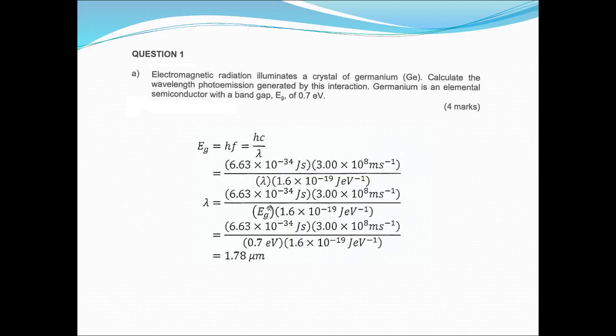Then substitute the value of the band gap. You have to multiply by the constant here to cancel the unit, electron volt. So you will get your answer as 1.78 micrometer, or you can leave your answer as 1.78 times 10 power of negative 6 meter.